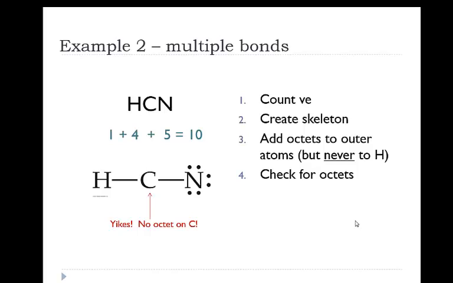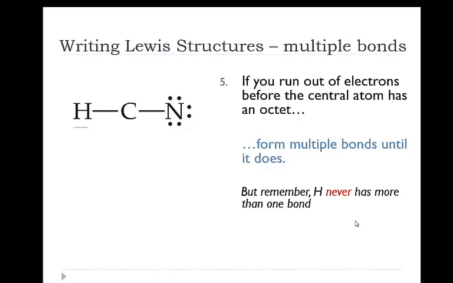The next thing is to check for octets. But carbon doesn't have an octet. So what do we do if a central atom doesn't have an octet? We form multiple bonds. We'll be moving electrons from the lone pairs of the nitrogen into bonds between the carbon and the nitrogen.